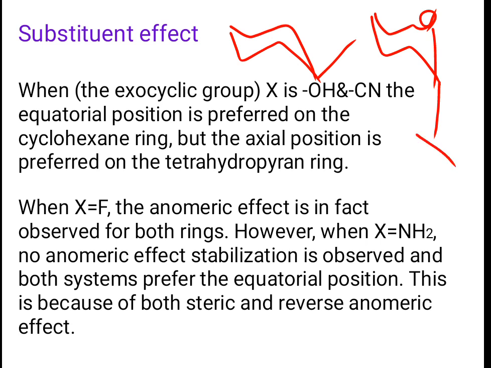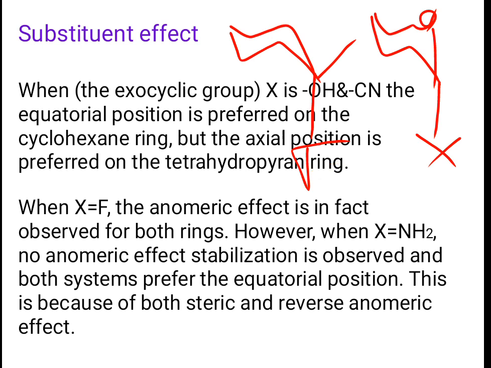and this is X. When X is equal to fluorine, the anomeric effect is in fact observed for both rings. In case of fluorine, even in the cyclohexane ring, fluorine will adopt the axial position. And in case of NH2, no anomeric effect stabilization is observed, and both systems prefer the equatorial position.